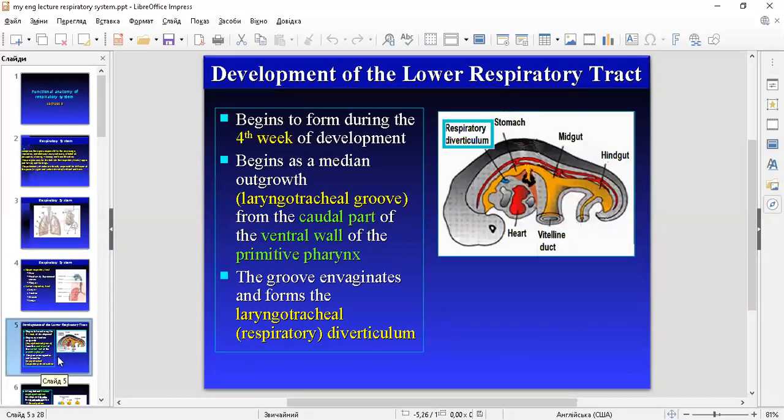Development of the lower respiratory tract. Begins to form during the 4th week of development. Begins as a median outgrowth, laryngotracheal groove, from the caudal part of the ventral wall of the primitive pharynx.